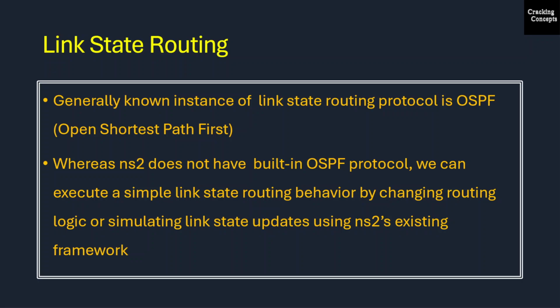A generally known instance of a link state routing protocol is OSPF, which is Open Shortest Path First. Whereas the simulator ns2 does not have a built-in OSPF protocol, we can execute a simple link state routing behavior by changing the routing logic or simulating the link state updates using ns2's existing frameworks.